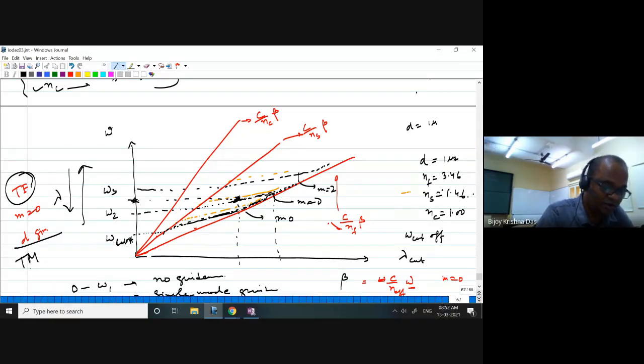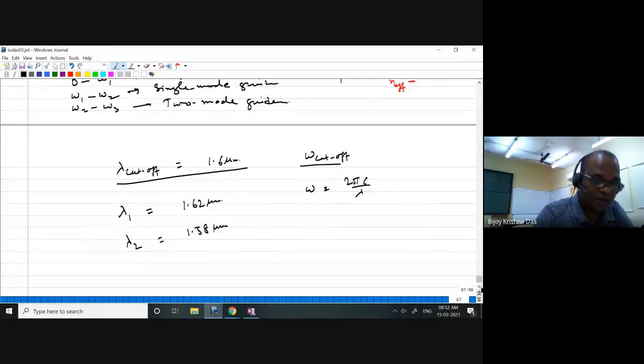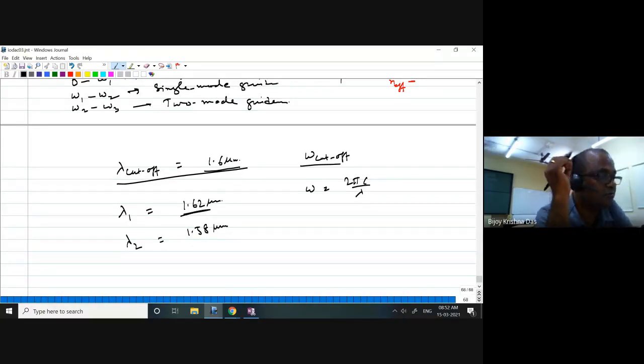So when omega cutoff is minimum, lambda cutoff will be maximum. That is the maximum possible wavelength it can guide. So this one will not guide at all, and this one will be guiding with the fundamental mode.